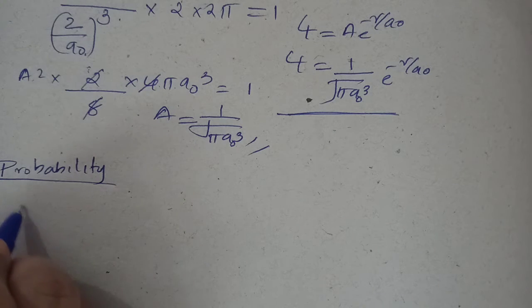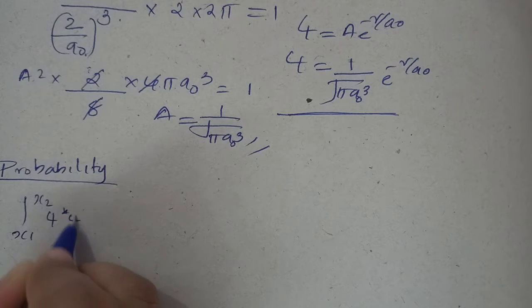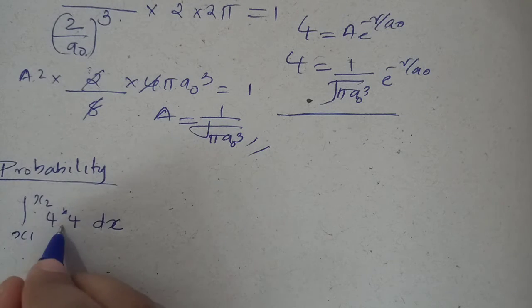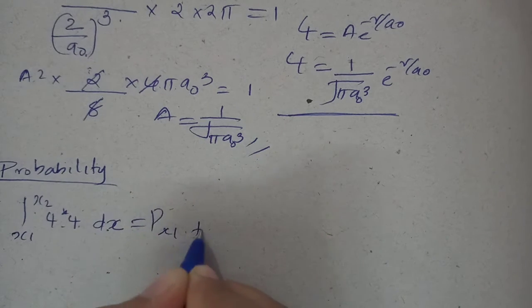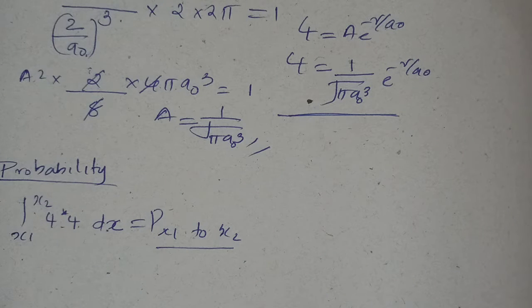From a place x1 to x2, the probability is psi star psi dx. Integration from x1 to x2 of psi star psi dx will give you the probability from x1 to x2. This is the basic idea. So if you want to find the probability from a position x1 to x2, you have to integrate from x1 to x2 psi star psi dx.